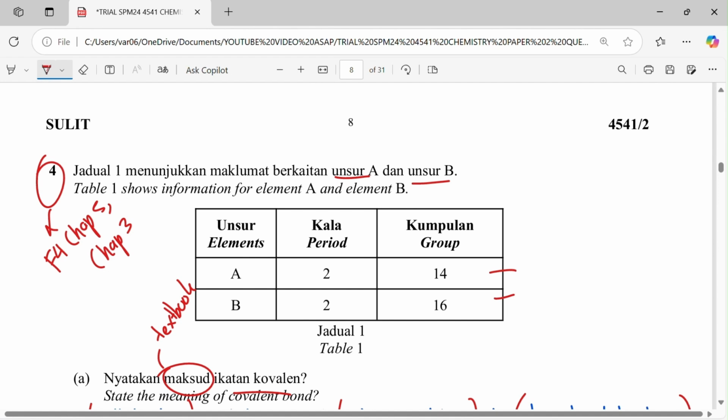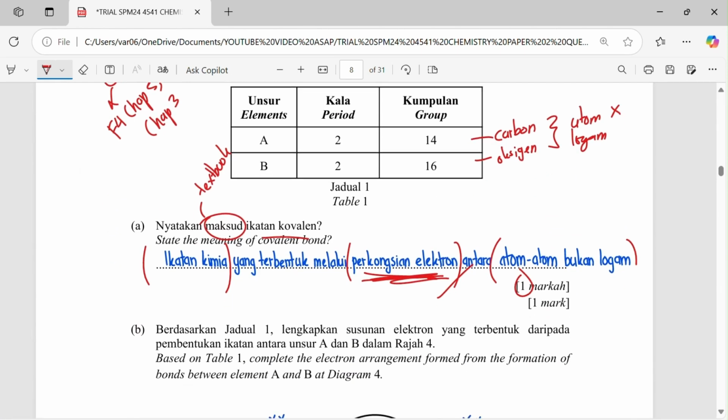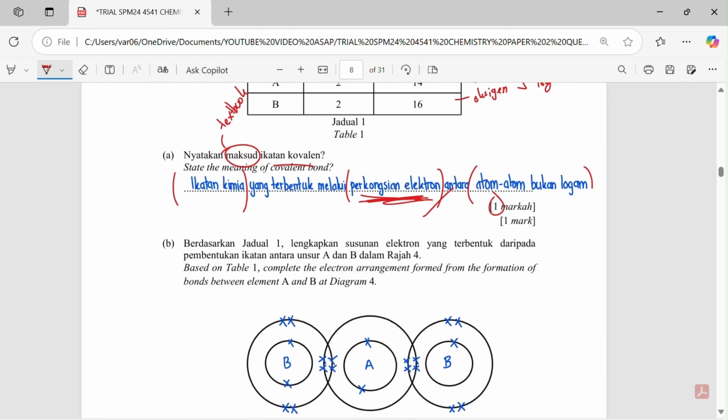So kumpulan 14 and color 2 is carbon. Kumpulan 16 and color 2 is oxygen. Okay, both also atom bukan logam, unsur bukan logam, right?